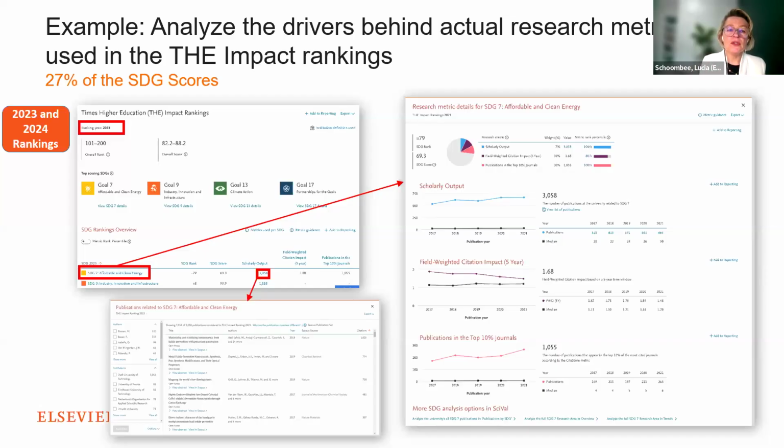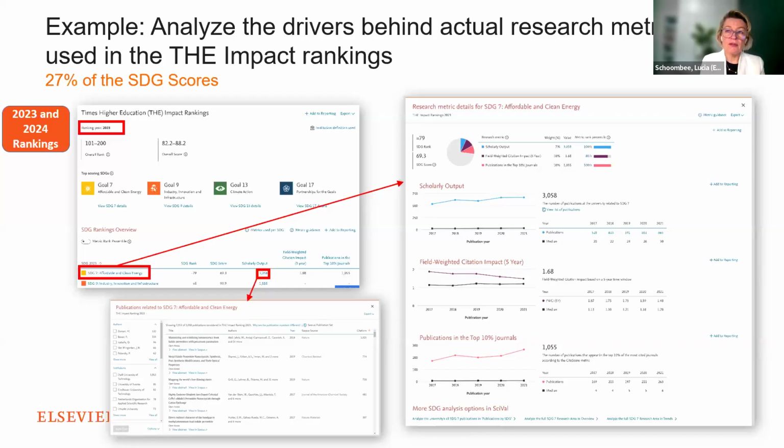So in SciVal, you will also see the ranking here. You will see the overall rank of the institution within the overall ranking, and then per SDG, what the performance of the institution was in that specific SDG. First focusing on those that were included in the ultimate ranking, but then any other SDG that the institution provided data for will also be listed.